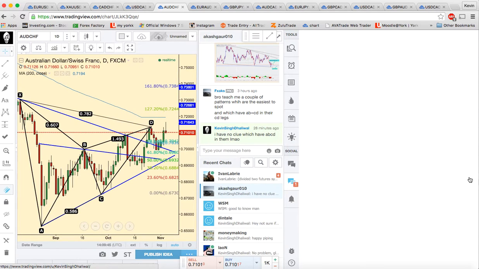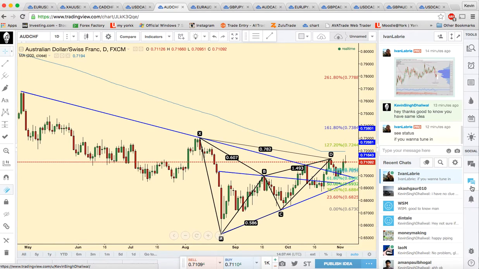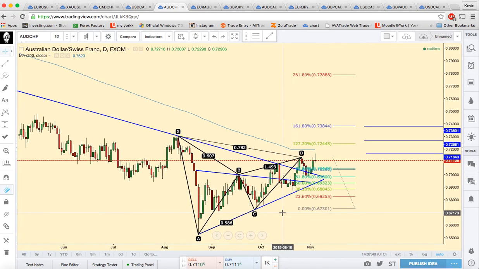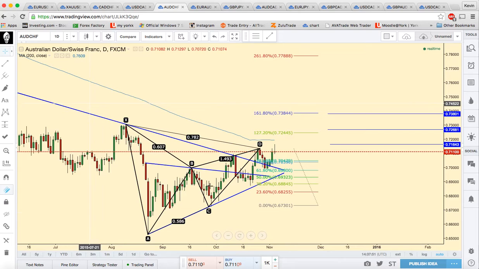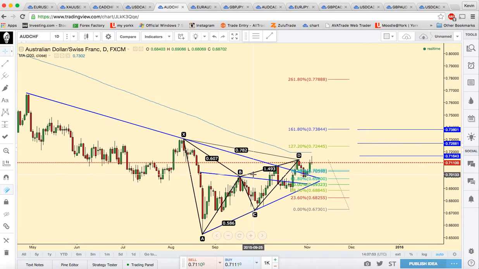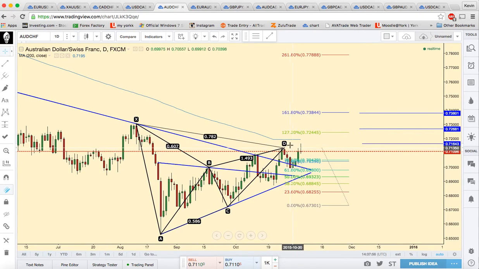For AUD CHF, let's see. So we had a breakout on this blue line, but then we had a pattern completing just above the breakout of the trend line.